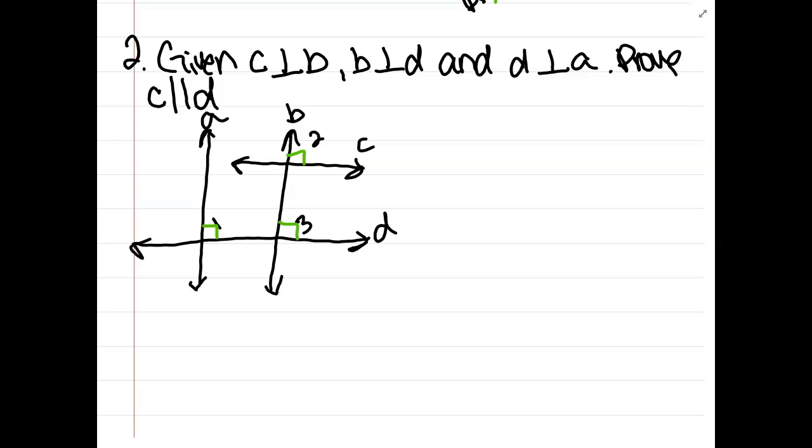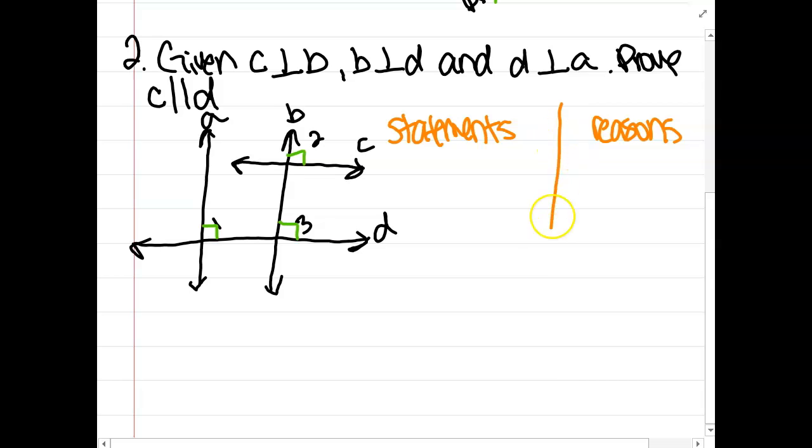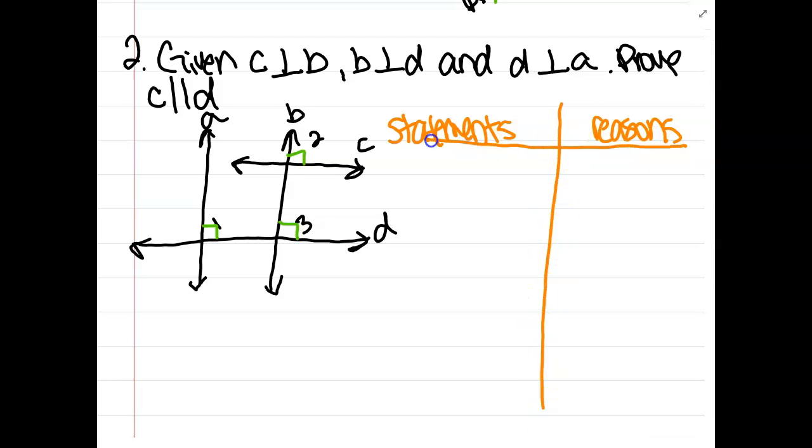All right, so let's set up our two-column proof. We've got our statements and our reasons. Now, you are allowed to use any of the theorems we've talked about so far. Any of the ones we've talked about today, any of the ones we talked about yesterday, earlier this year.